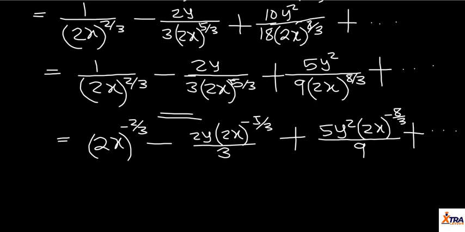So we have not changed anything here. We have just introduced our negative index, which will now take whatever value we have here up, from the denominator side to the numerator side. So that is what has happened here. Our 2x raised to the power 5 over 3 comes up, but with the negative sign. So we have this, and this is our final answer.